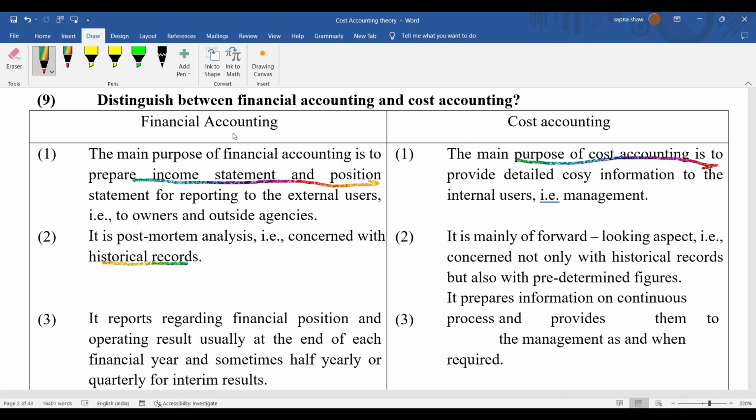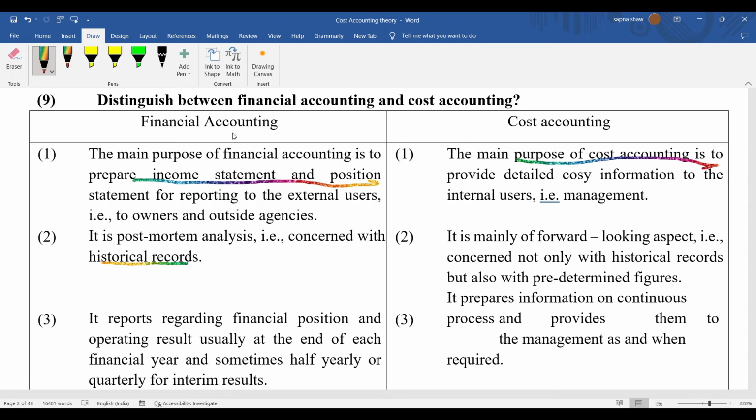In financial accounting, suppose the year starts from 1st January. Usually it doesn't; the financial year starts from 1st April. Whatever transactions take place, we are continuously writing them down, continuously recording them. Finally, on or after 31st March, we will prepare a balance sheet and a P&L account to understand how much exactly are the assets, liabilities, profit, loss and everything.